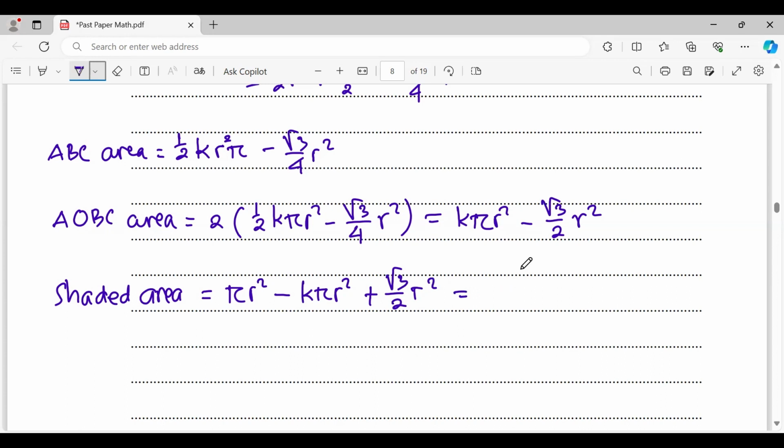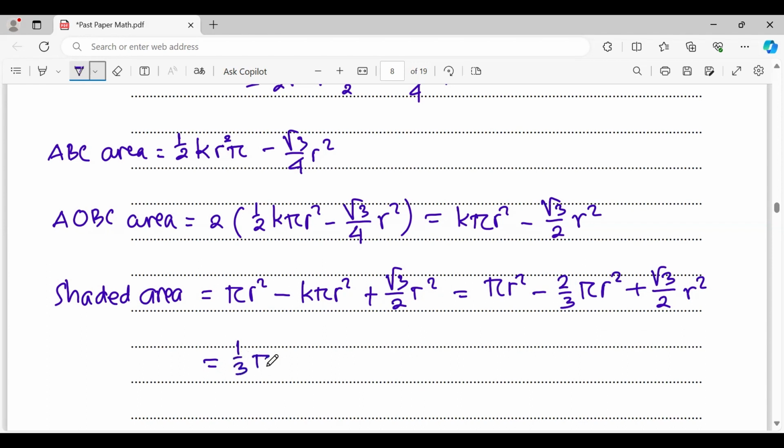As you know that k equals 2/3, it becomes pi r squared minus 2/3 pi r squared plus square root 3 over 2 r squared. 1 minus 2/3 becomes 1/3.